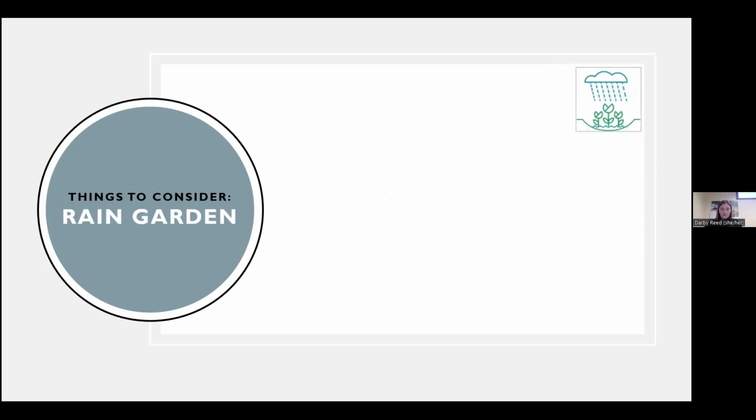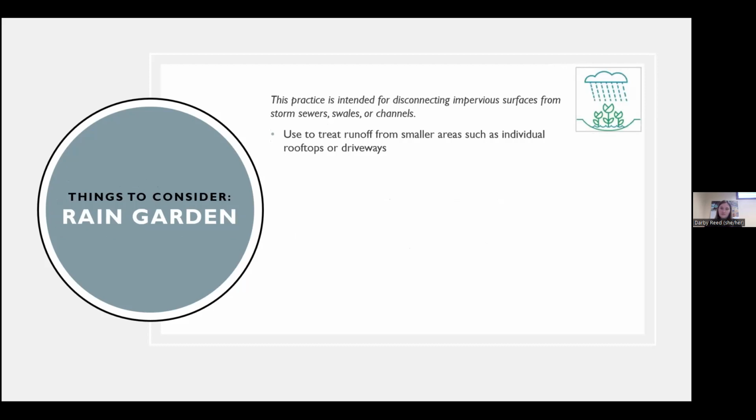For rain garden, this practice is intended for disconnecting impervious surfaces from storm sewers, swales, or channels. It is used to treat runoff from smaller areas such as individual rooftops or driveways. Utility lines will need to be located and avoided. This practice cannot be placed over any utility lines.